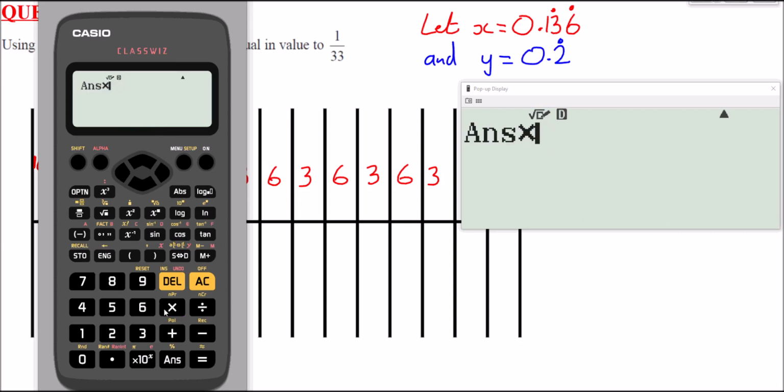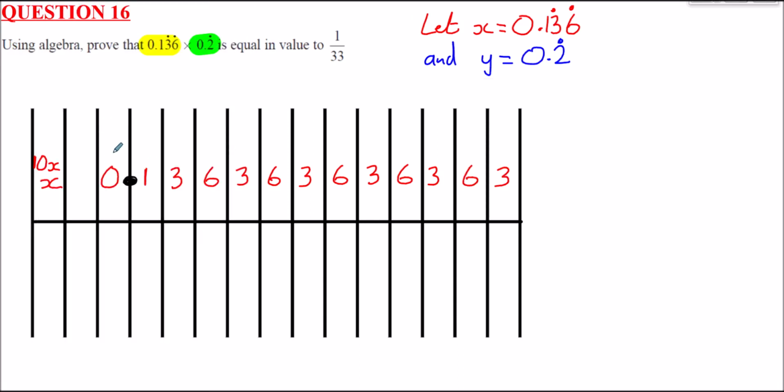So if I multiply this by 10, I get 1.36 recurring, which is 1.36, 36, 36, 36, and that 4 is the 3 rounded up to a 4 by the 6 at the end. So it's 1.36 going on forever. So we can fill in 10x now. 10x is just 1.363636.